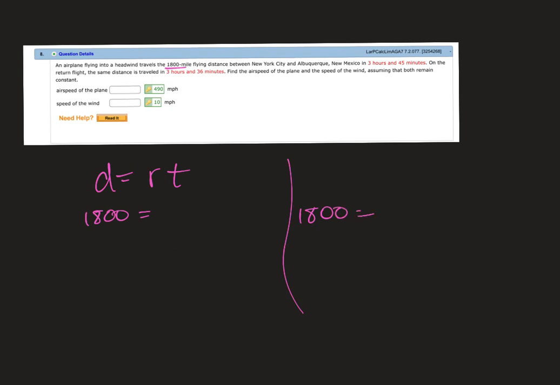Then it says from New York to New Mexico, it's 3 hours and 45 minutes. So first of all, I have to take that 45 minutes and convert that into an hour. So 45 over 60 is what, when you reduce it? 3/4. So that would be 0.75. So the time there is 3.75 hours.